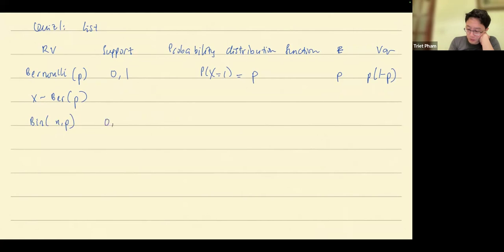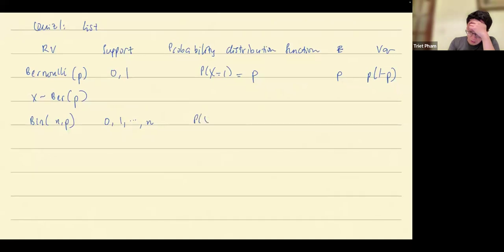From 0, 1 up to n. And the probability distribution will be n choose k, p to the k, (1 minus p) raised to n minus k. Expectation is n times p, variance is np(1 minus p).